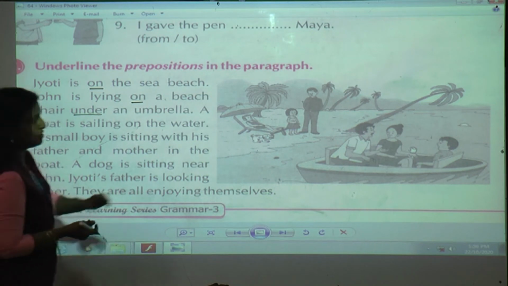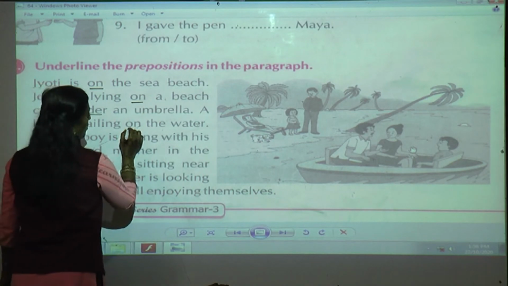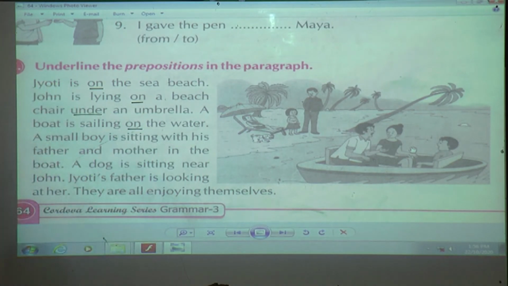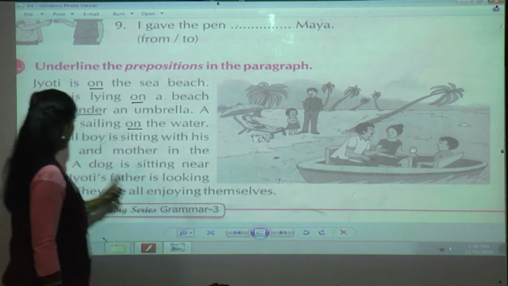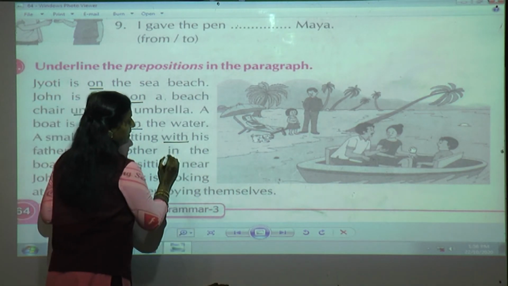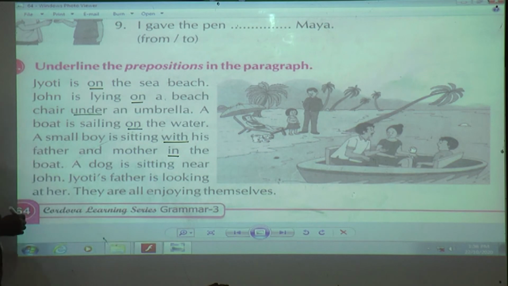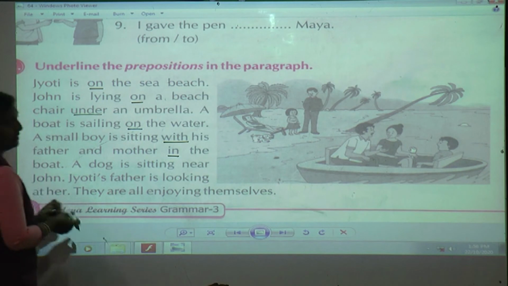A boat is sailing. Can you see a boat, students? Yes, it is sailing on the water. So what is the preposition? On. A small boy. Can you see a small boy? Yes, he is sitting with his father and mother in the boat. A dog is sitting. Can you see here the dog in this picture?